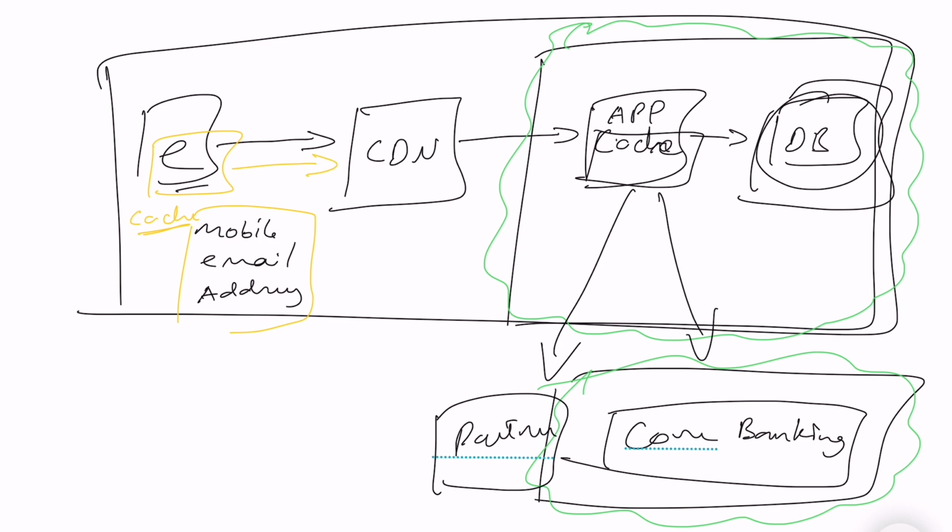CDN is an edge network in between on the internet. You can imagine there is a plethora of servers. There are too many servers on the internet which are hosting your cached content. Most of the time it will be your banners and images.